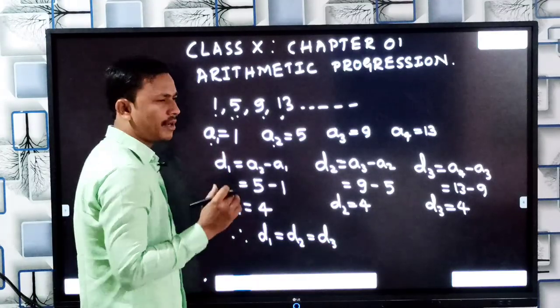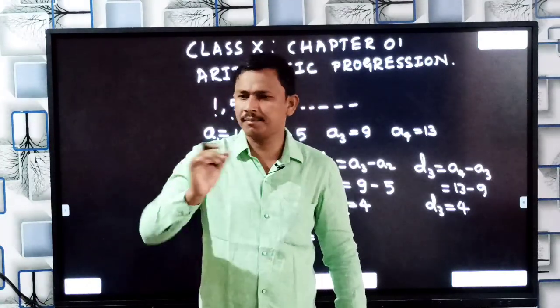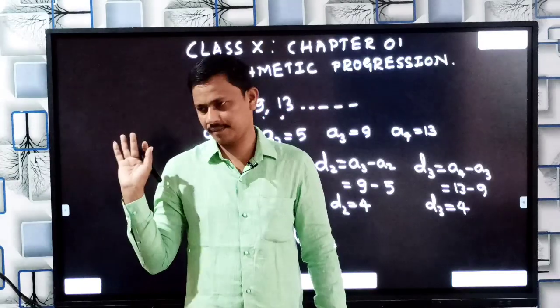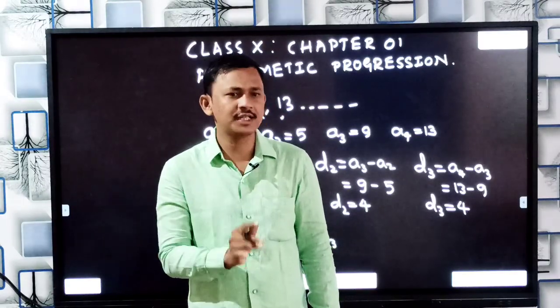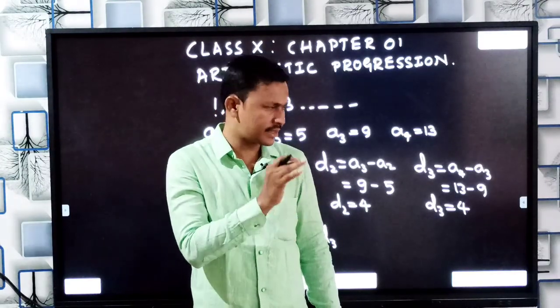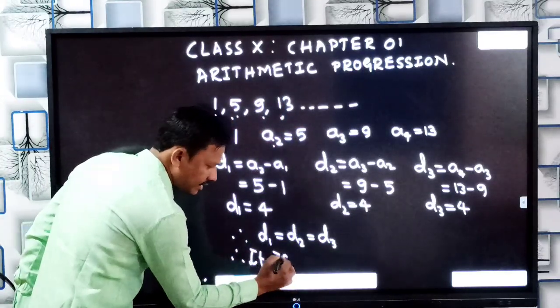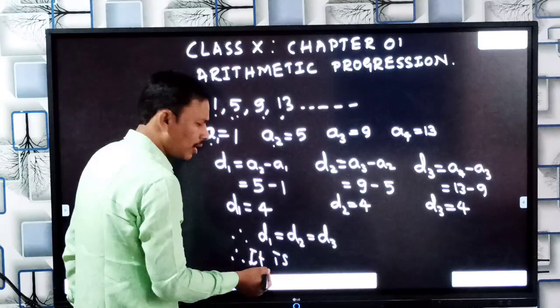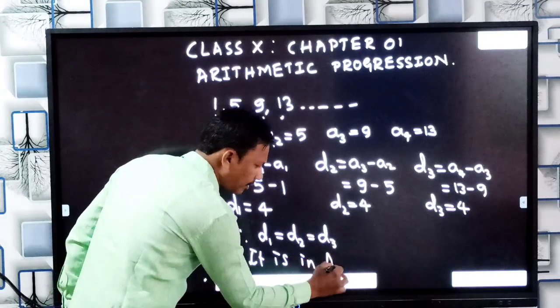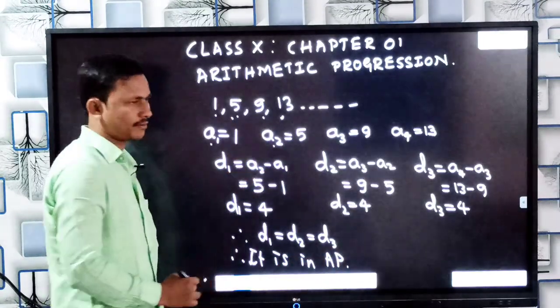That means the common difference between the consecutive numbers is same. Since the common difference between any two consecutive numbers is same, it is an example for AP, or it is in arithmetic progression.